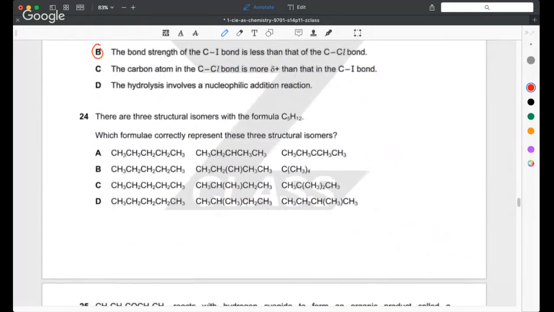Good. Looking at structural isomers here of C5H12. And this is quite difficult. You've got to look through these isomers and work out which ones are incorrectly written. Now, you have to look through them all, but just take this one, for example.